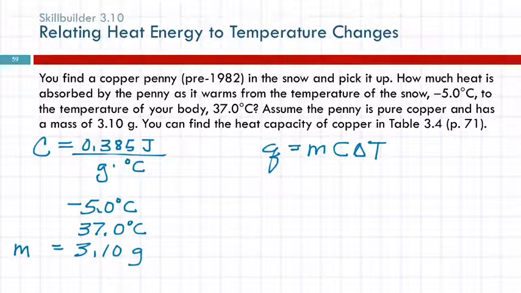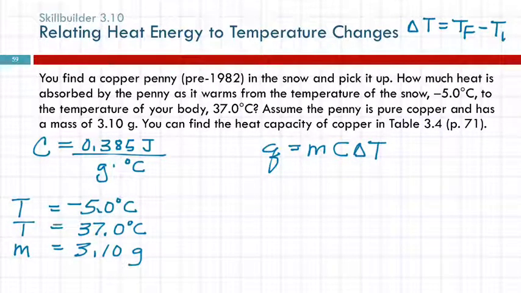So we need to remember, delta T is the final temperature minus the initial temperature. We need to identify which is the initial temperature and which is the final. Well, it goes from minus 5 to 37. So from, that's the initial, to is final.